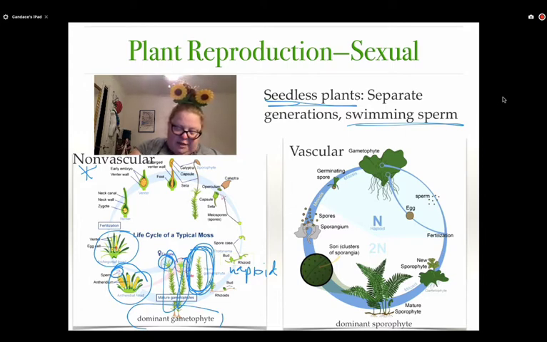And the sperm is going to swim in water. When water goes over the top of these plants, like when it rains, those sperm are going to swim over to the top of this plant, so basically from here to here, and fertilize. When fertilization takes place, the sperm is going to travel down to the egg, which is again at the top of this female plant.